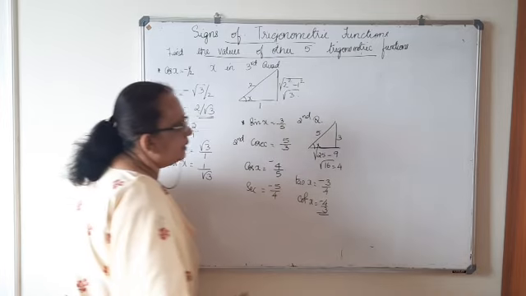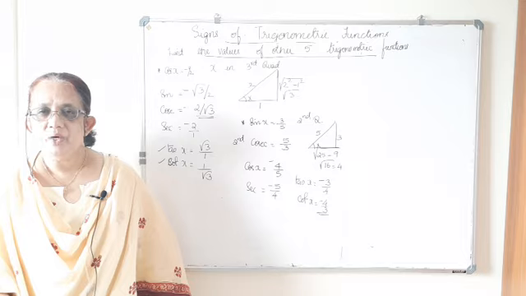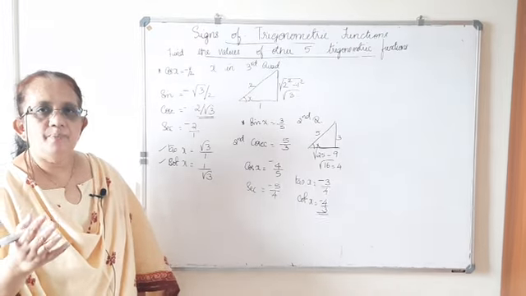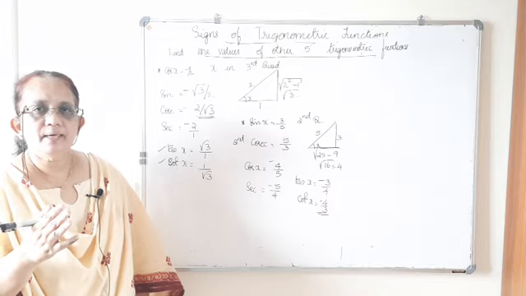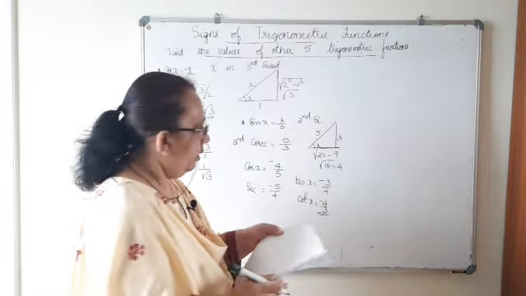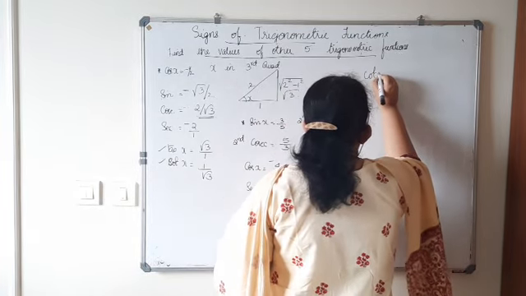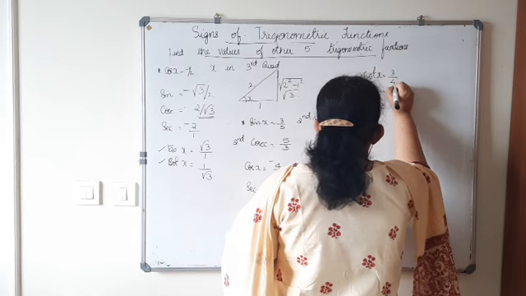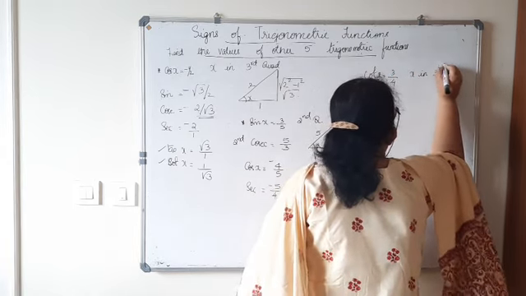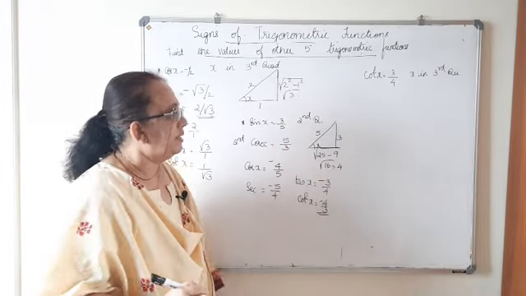So better you draw the right triangle, find out the missing side using the Pythagoras theorem, and then you find out sine and cos values, and depending on each quadrant you give the correct sign, whether it is positive or negative. Next, cot x is equal to 3 by 4, x in the third quadrant.